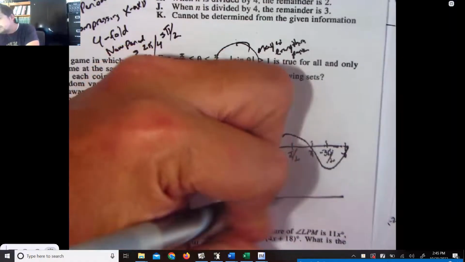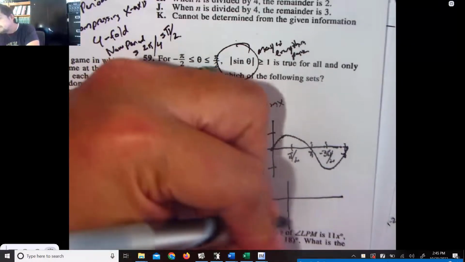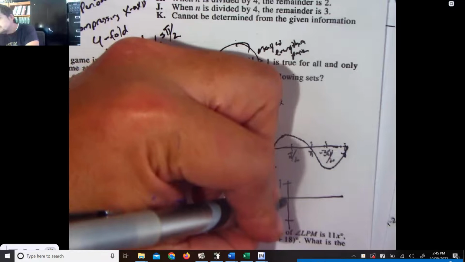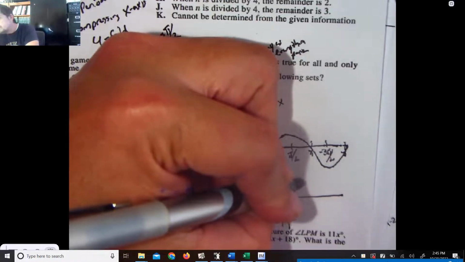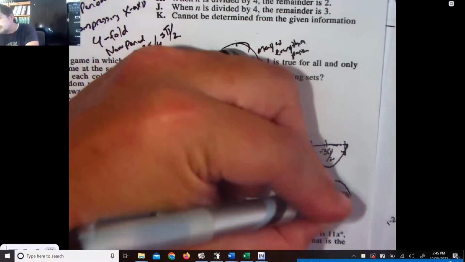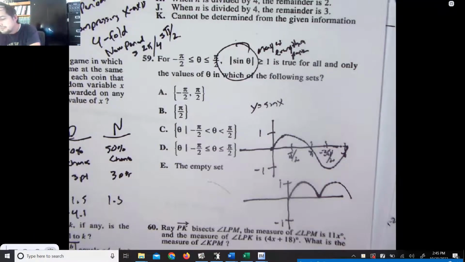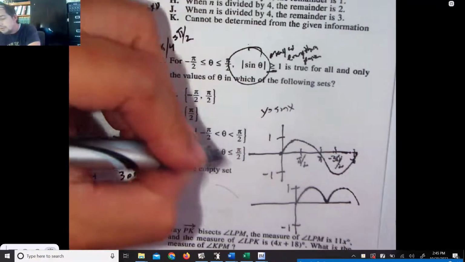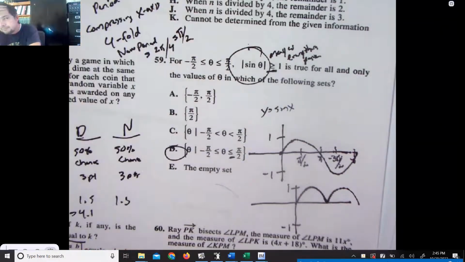So what happens to the graph is it goes up, it goes down, it comes right back up, and it goes down. That's what it does forever. But since they have restricted it on this domain, we see equality, equality is that one.